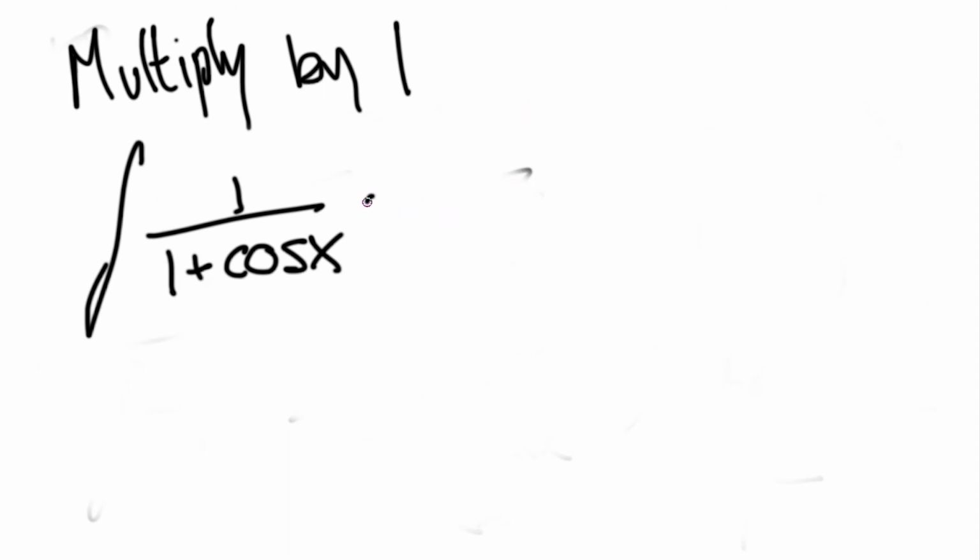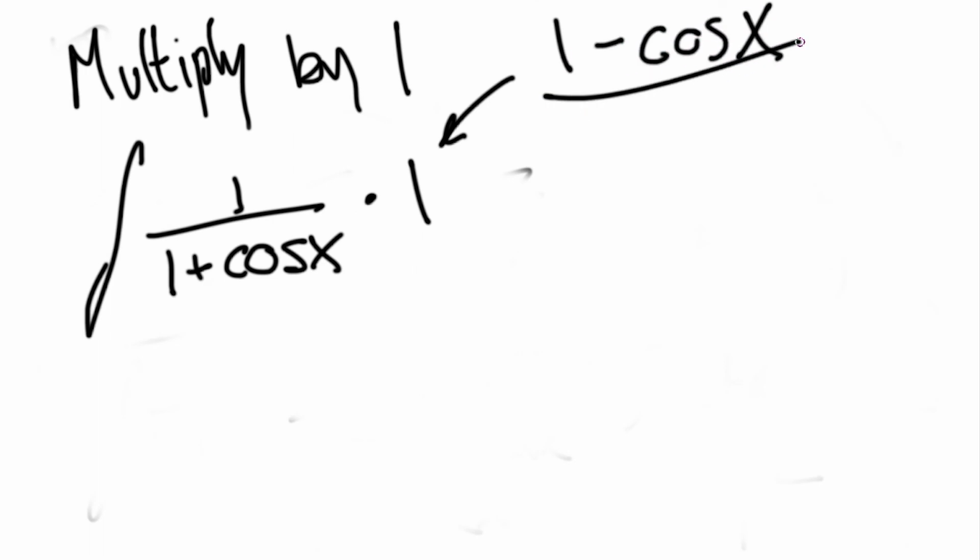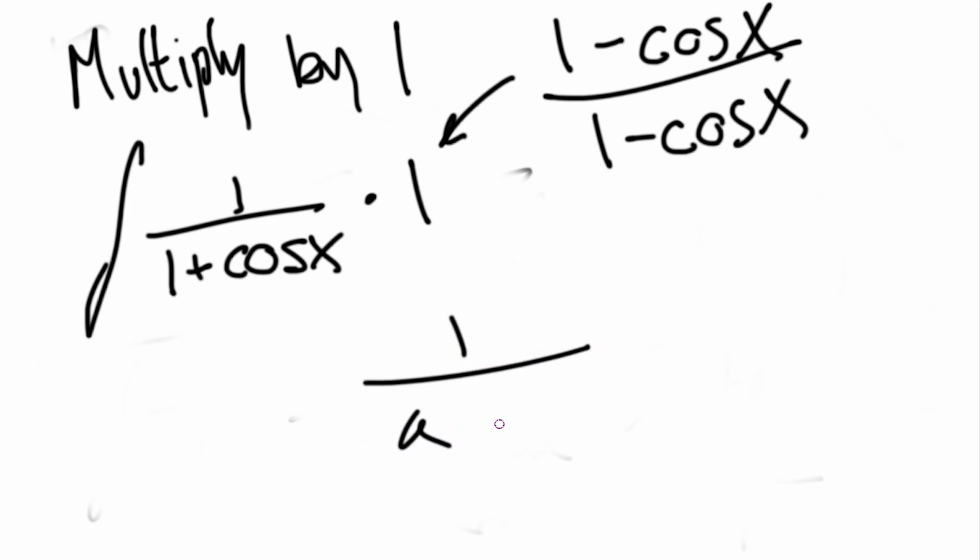So we multiply this expression by 1. But what we choose as our value of 1 may change how we can view the expression. For this particular example, I'm going to use 1 minus cosine x over 1 minus cosine x. As you should have learned in middle school or high school, when you're simplifying rational expressions, or simplifying radicals, or an expression with an imaginary number, you just multiply by the conjugate.